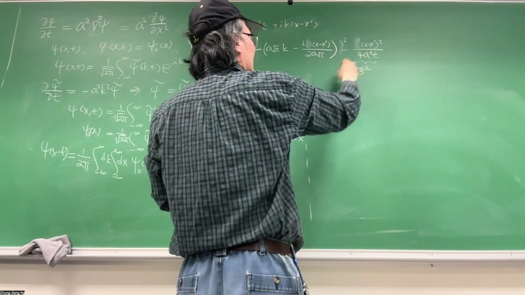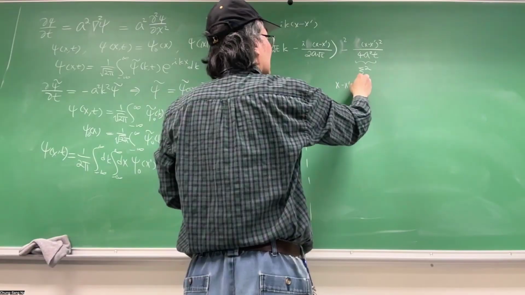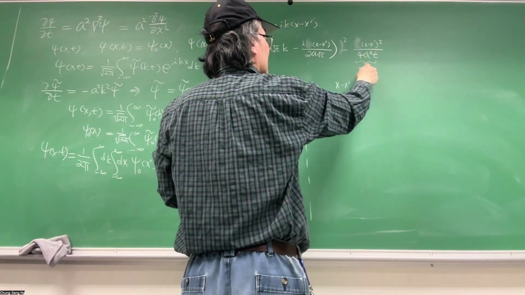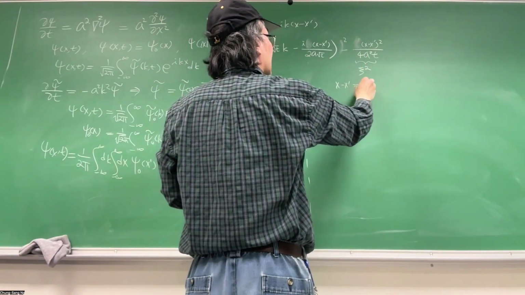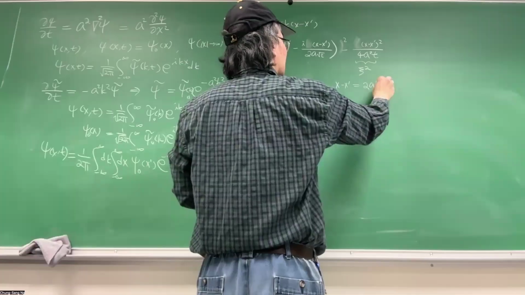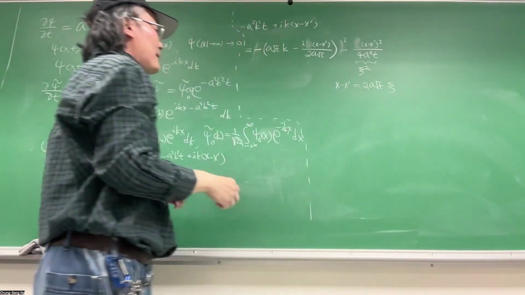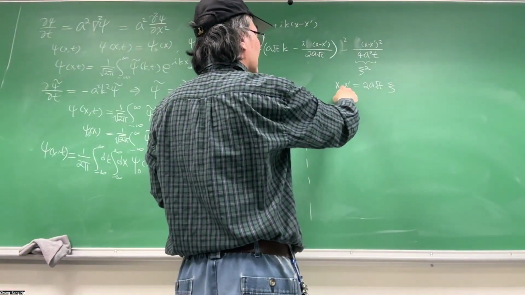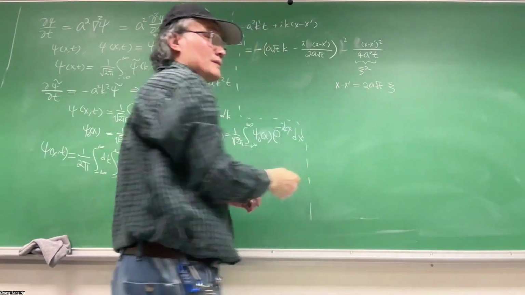So x minus x prime divided by this one equals c squared, or you can say multiplied by 2a squared t is c, or x prime equals x minus this one.